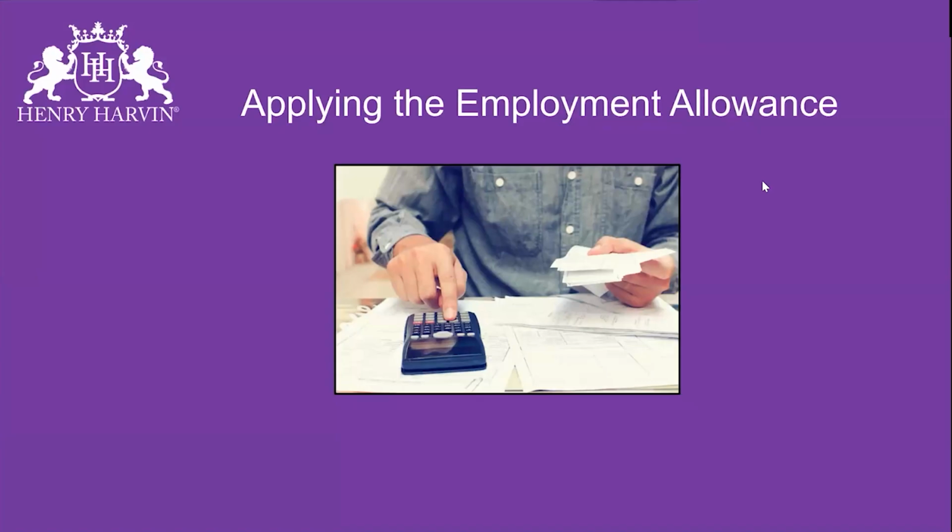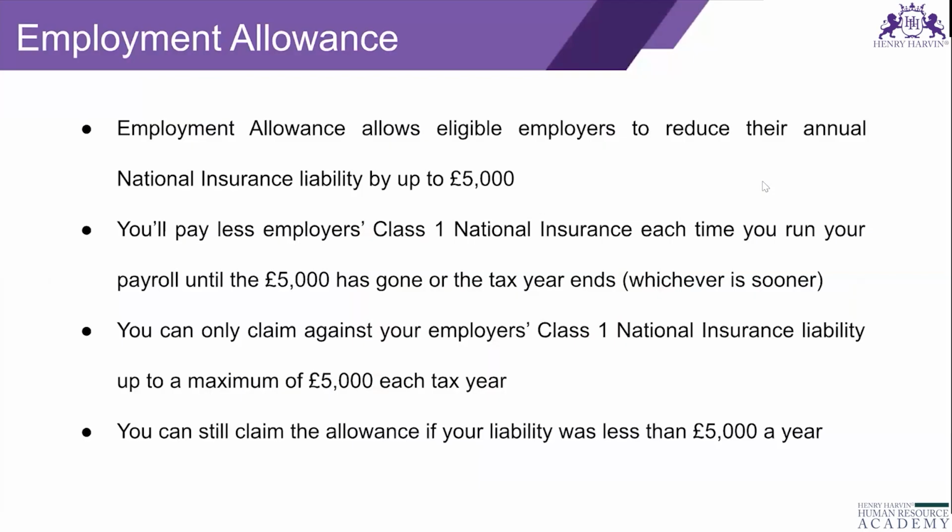Now this is one of the benefits that employers get, which is called employment allowance. Now what is this benefit, we'll see. Employment allowance allows eligible employers to reduce their annual national insurance liability by up to £5,000. Which means the national insurance contributions that an employer makes to HMRC could be reduced by a maximum of 5,000 in a year, if they are eligible.